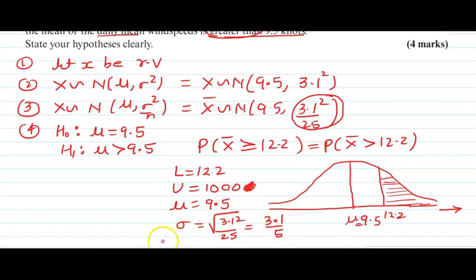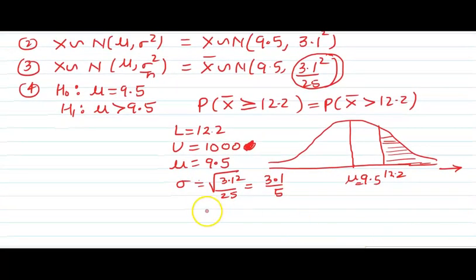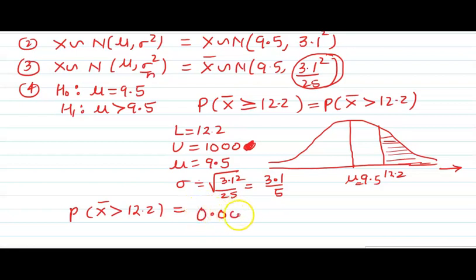Is that okay? Right. If you find the probability, how much probability is coming? So probability when x bar is greater than 12.2 is how much coming? So 6.6, if you can round it off, so it should be 0.000, how many zeros? 4, 5 and 7. Can we write down like this? 6.6, yeah, 7. Is that okay?